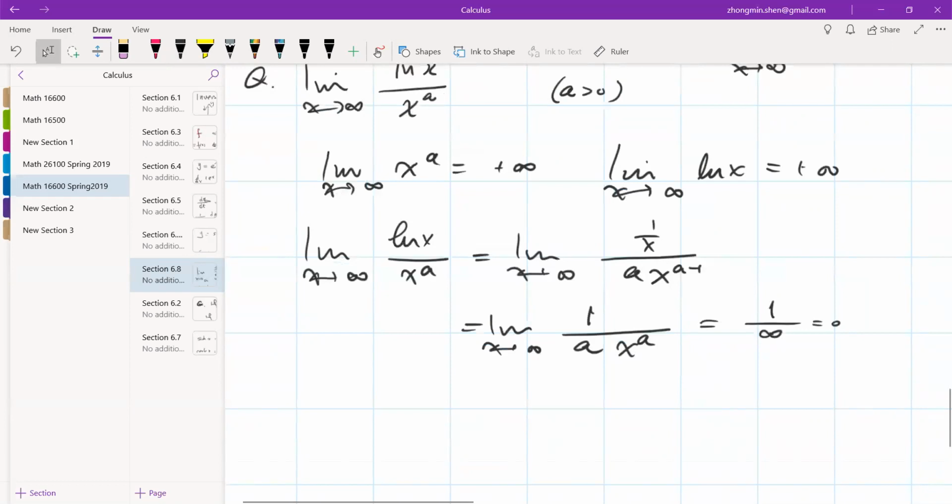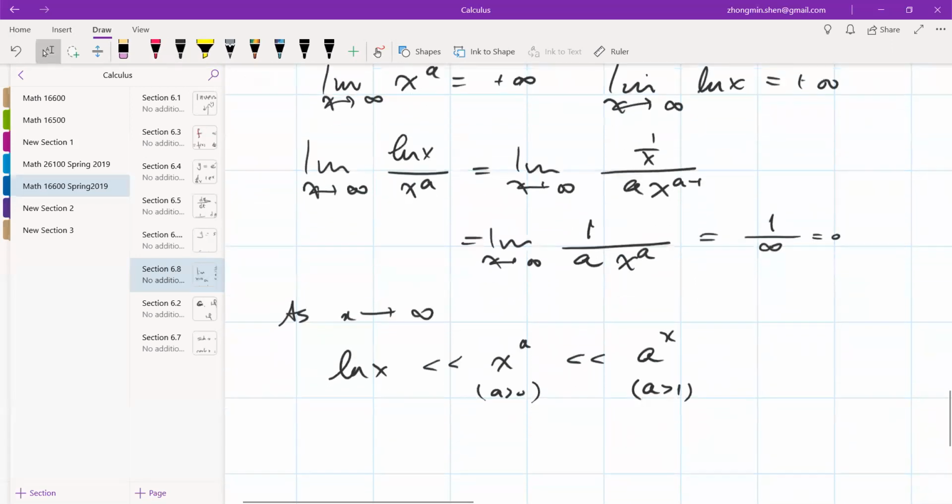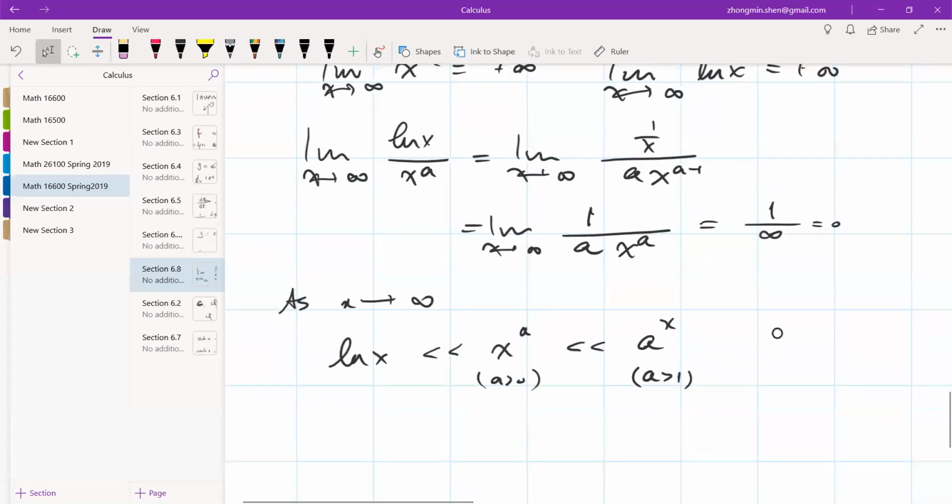So as x approaches infinity, natural log of x grows much slower than x to the power a, where a is positive, and slower than a to the x where a is greater than 1. And this is a comparison. Exponential growth is much faster.